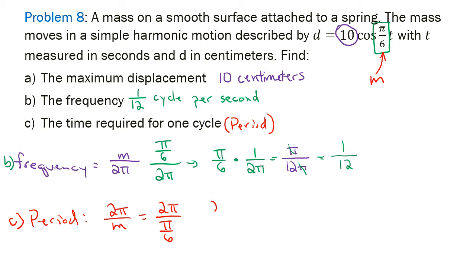So we're going to keep the 2 pi, change to times, flip. So it's 6 over pi. 2 pi times 6 is 12 pi. 1 times pi is pi. The pi's cancel out, leaving 12. So our period is going to be 12 seconds.